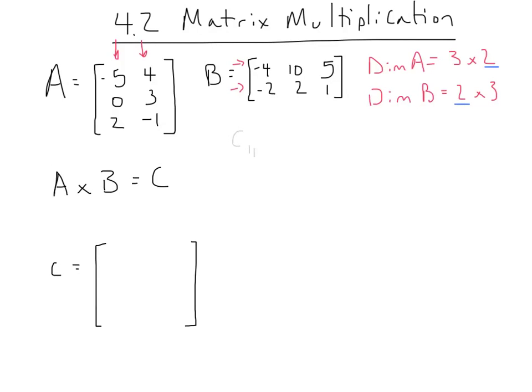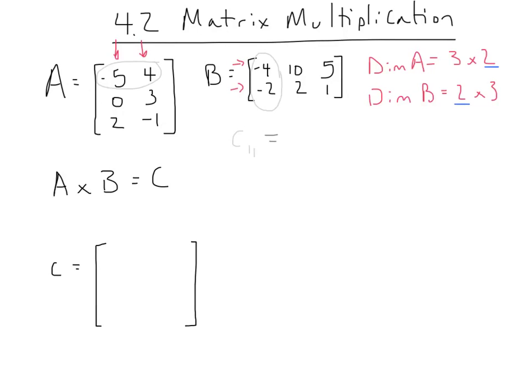Now C11 we will calculate by taking values from the first row of matrix A, the first matrix in our multiplication, and multiplying those by column 1 in our second matrix, matrix B. I've just darkened up that ink color a little bit so we can see better.